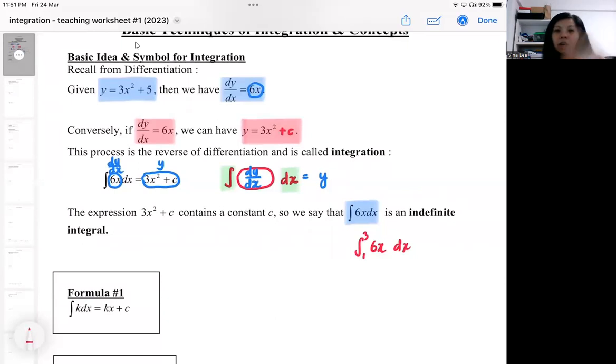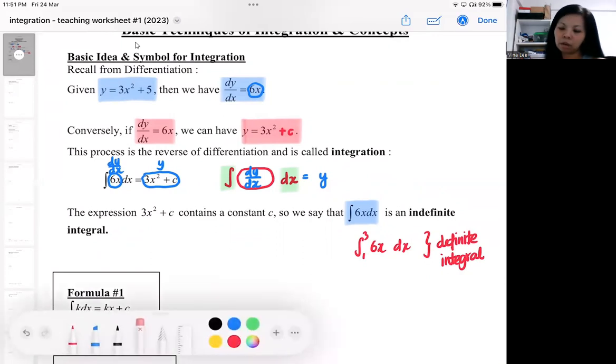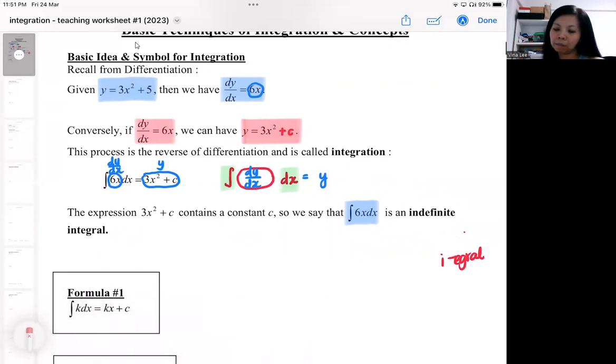When integration comes with numbers, we will call it definite integral. Later there will be a teaching worksheet that focuses on definite integral, because this will lead you to one of the applications of integration. At the moment, you will just be learning indefinite integral. When you do indefinite integral, there will be a plus c, because when you integrate an expression, there may be an unknown that we are not so sure about. The subsequent part we'll be learning how to find the unknown.